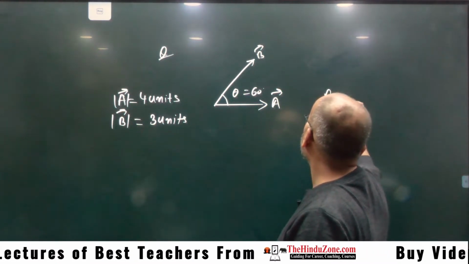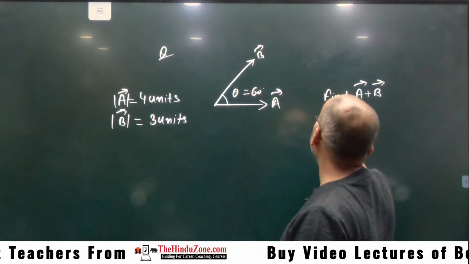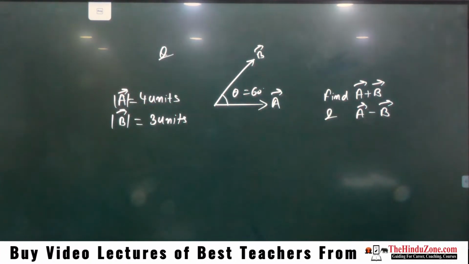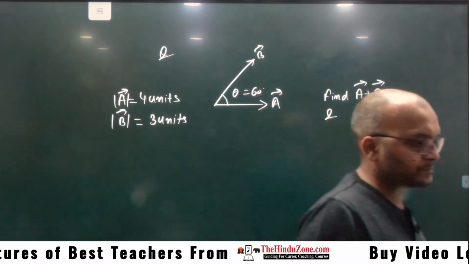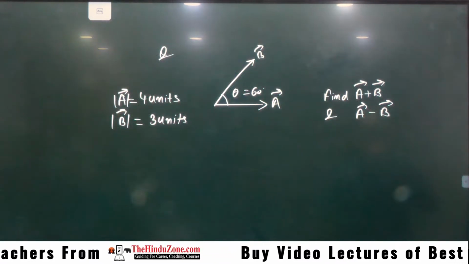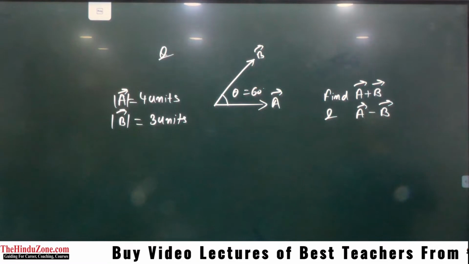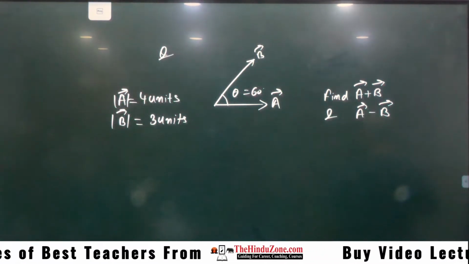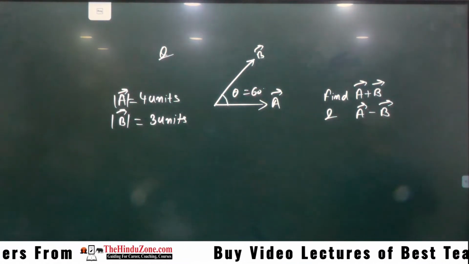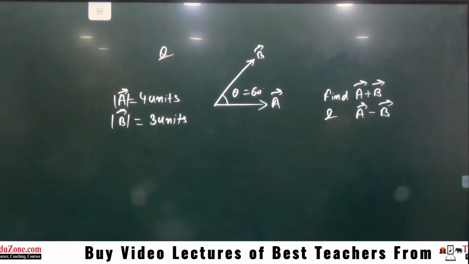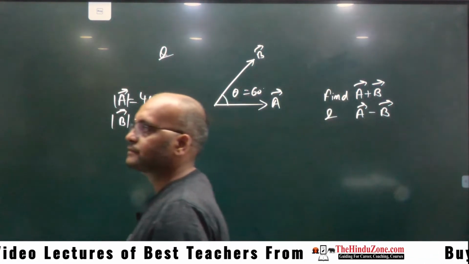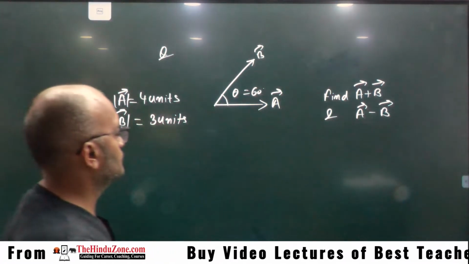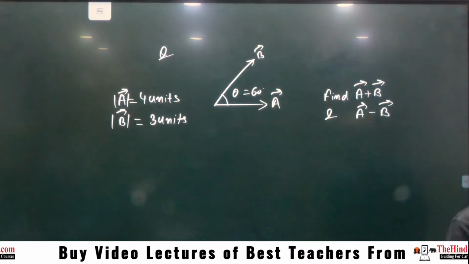So find A plus B and A minus B. What is the answer?